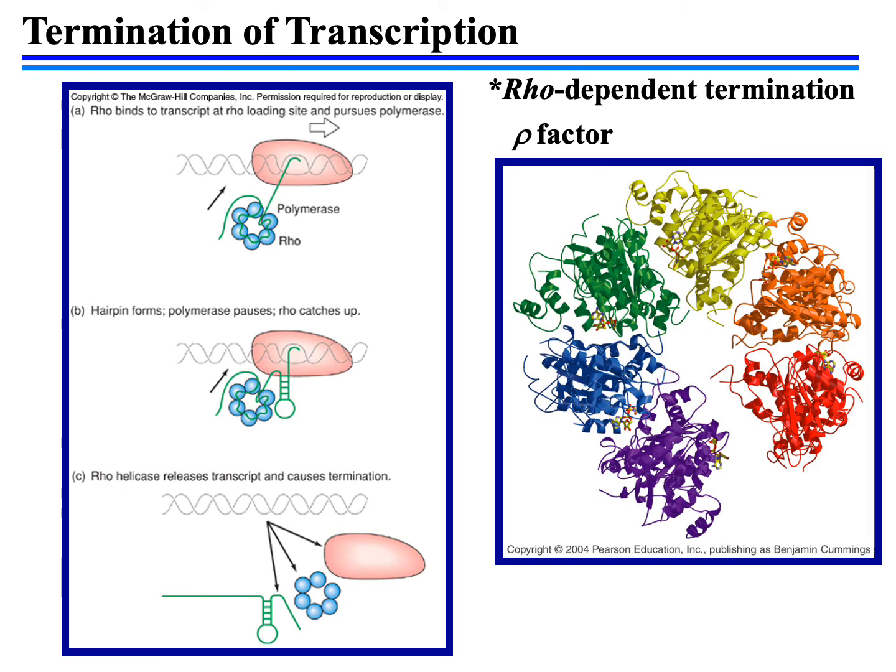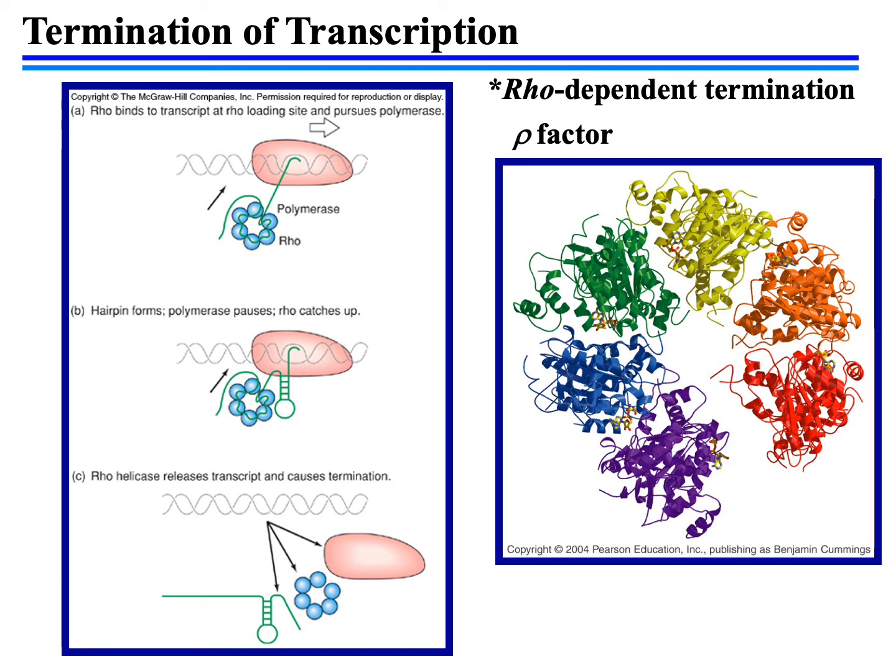So a separate mechanism for termination is known as rho-dependent termination, and it requires a factor known as the rho factor. The rho factor is what you see on the right-hand side of the figure with the ribbon model. It has a ring shape associated with it, and it's made up of 6 subunits.